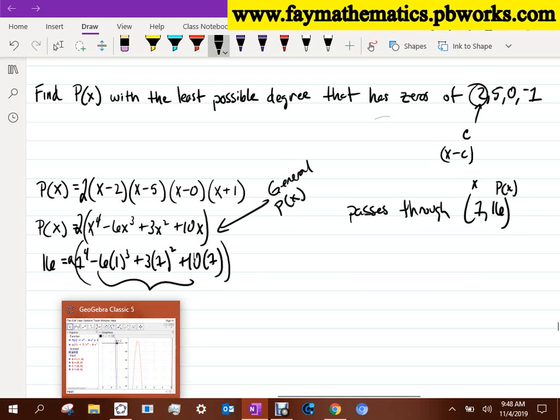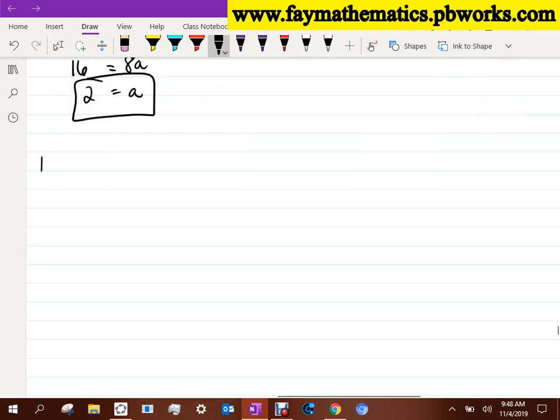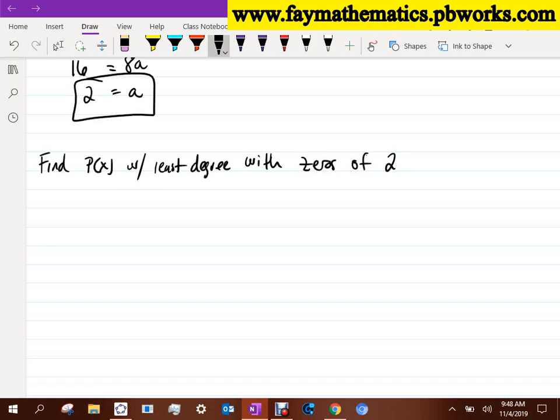Let's do this one. Let's find P of x with least degree with zeros of 2 that has a multiplicity of 3, of 1 with a multiplicity of 2, and negative 3 with a multiplicity of 2.